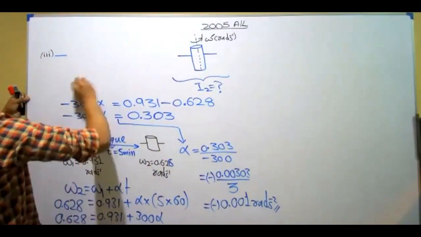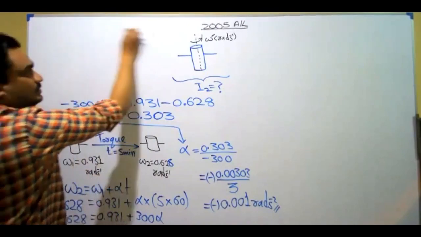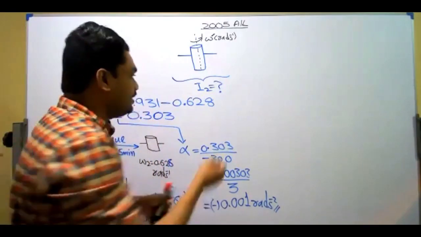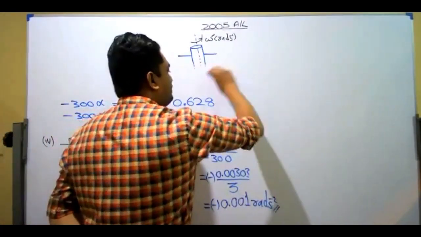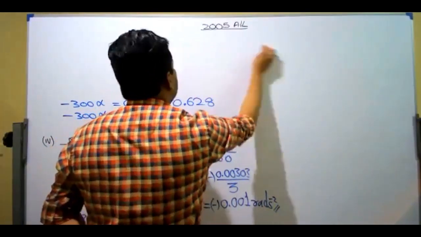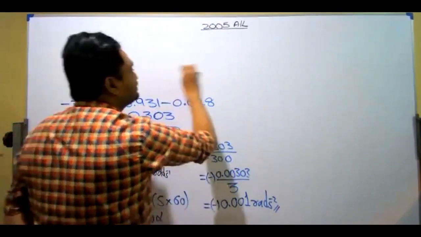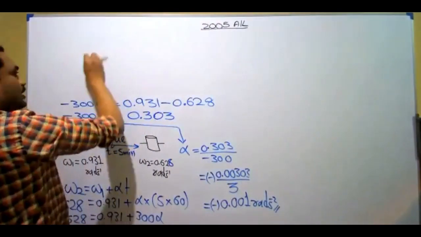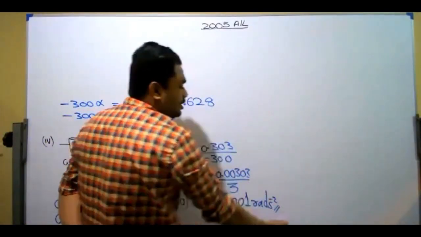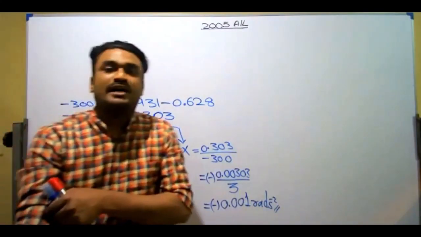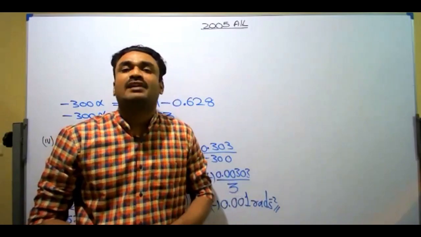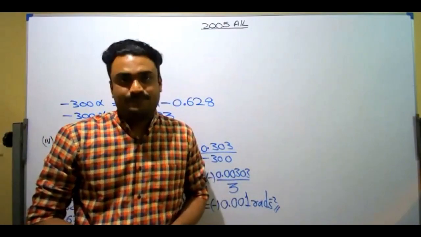Next star point. But in the torque equation, the minus sign of alpha is not used.